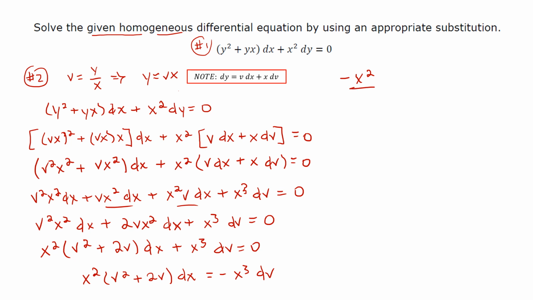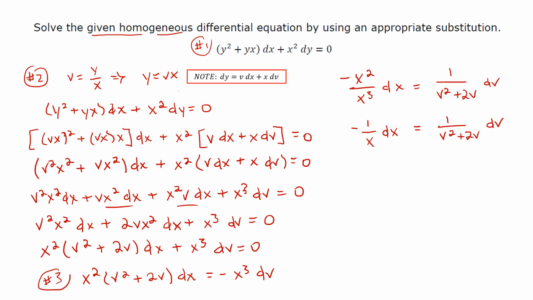So that will give me dx over x cubed... and 1 over v squared plus 2v dv. Simplifying this, I get negative 1 over x dx equals 1 over v squared plus 2v dv. And this process is step number 3, where we're asked to simplify and separate the variables.